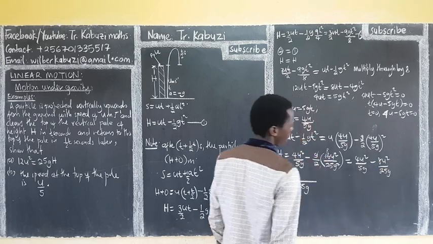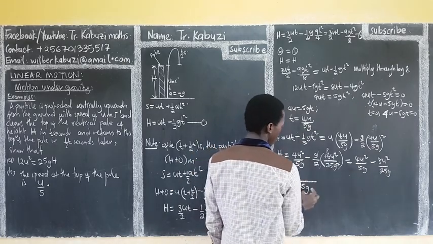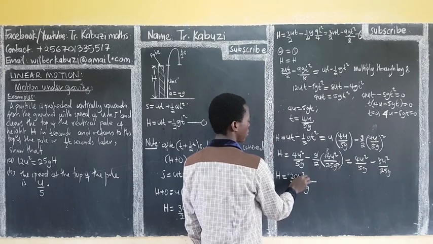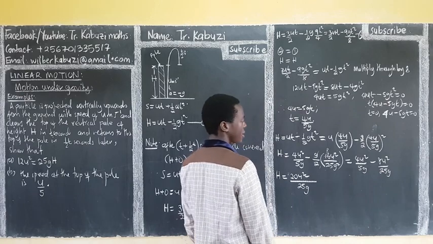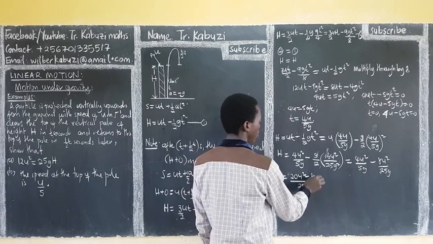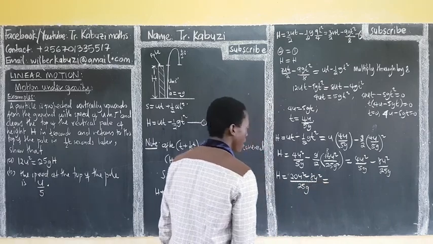So it's the LCM. This goes here 5 times, so I have 20u squared, then minus, this goes here once, so we have 8u squared.